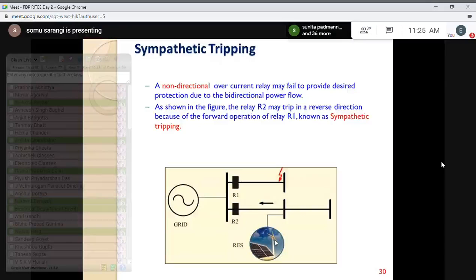So the loads we have connected on this lower bus will be disconnected, and we lose the selectivity. This is called sympathetic tripping of relay R2, because it is not designed to operate for a fault occurring in the upper line.